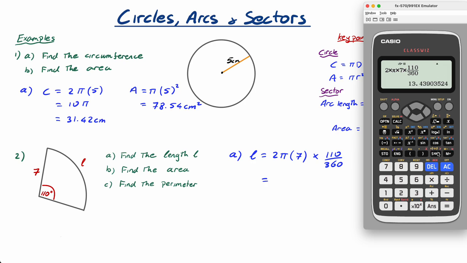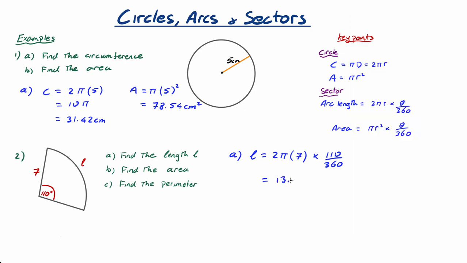Press this, and I get 13.44. I'm rounding everything to 2 decimal places, guys. And that kind of makes sense. Imagine this is, let's say, meters. If that's 7, it makes sense that this would be bigger than 7 anyway, and it seems to be close to double it now. I haven't drawn it to scale or anything, so that answer seems right to me.